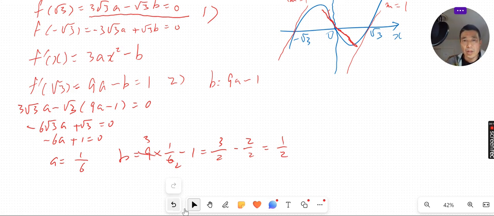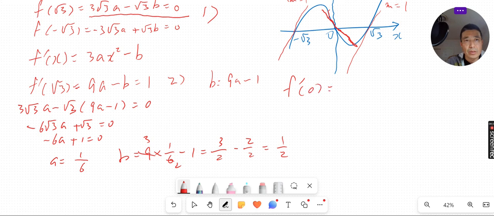So what we have to know is the gradient when x is 0, right? So our aim is f prime 0. Knowing that, I'm going to plug them in. So a is 1 over 6, so it's a half x squared minus b, which is a half as well, right?